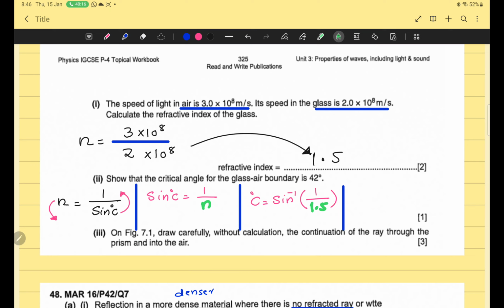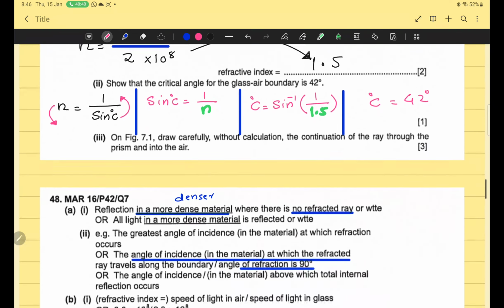Now if you calculate critical angle, I think it will be 42 degree. So by speed of light, we calculated refractive index, and the refractive index is used to calculate critical angle. So this question is also completed.